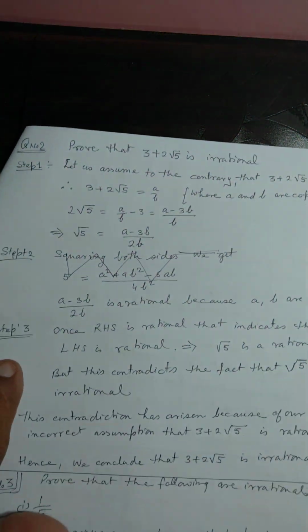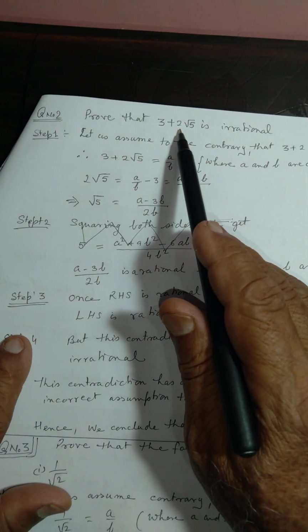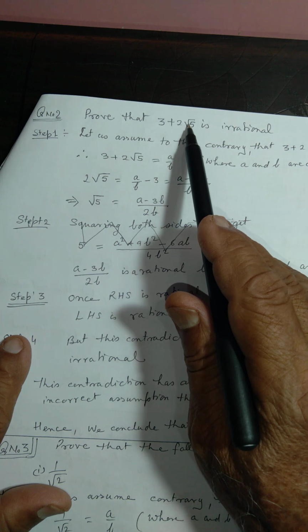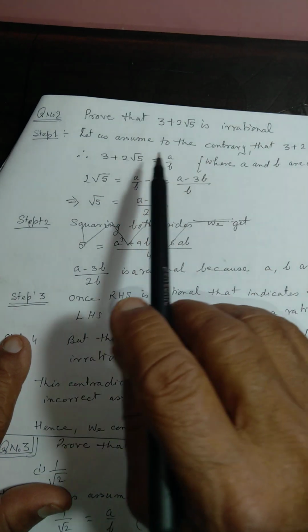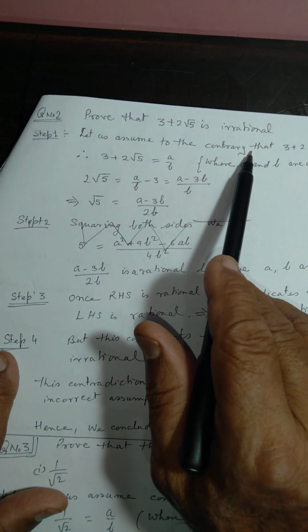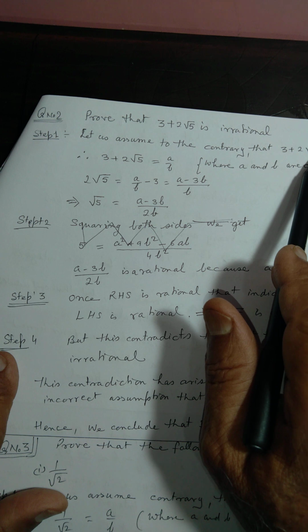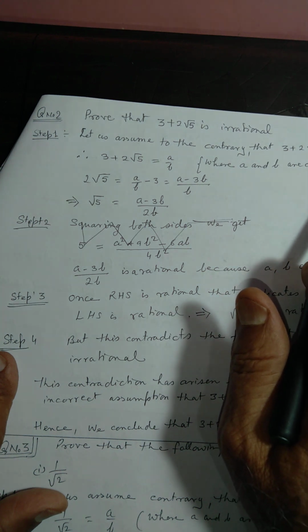Now proceed to question number 2. Prove that 3 plus 2 root 5 is irrational. Let us assume to the contrary that 3 plus 2 root 5 is rational.